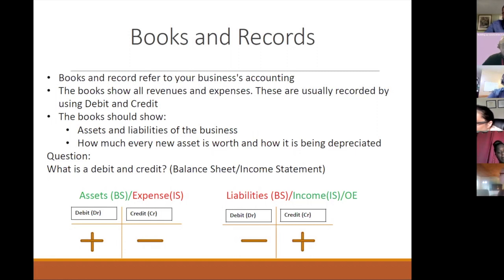That is the way that the balance sheet and the profit and loss work together. Debits, credits, assets, expenses, liabilities and income. That's how much it interrelates with each other.